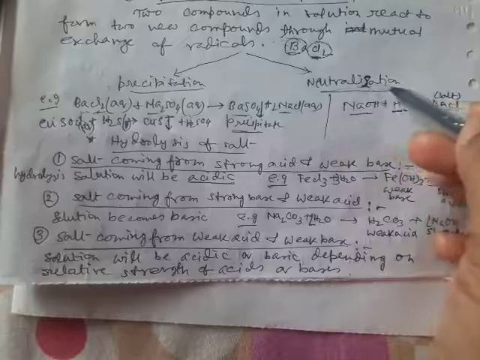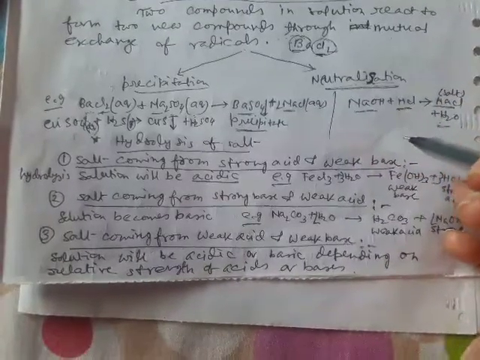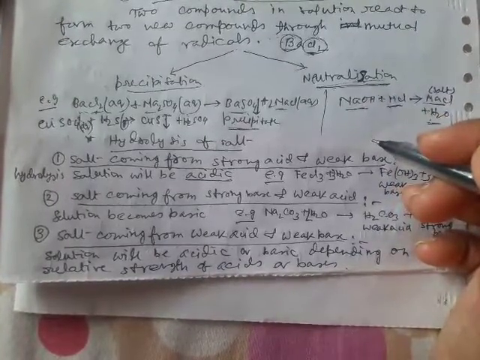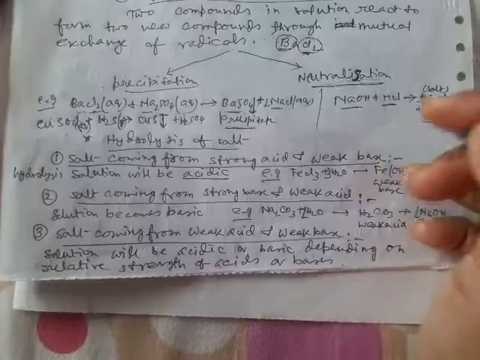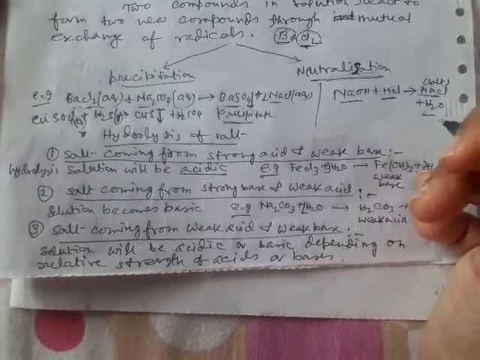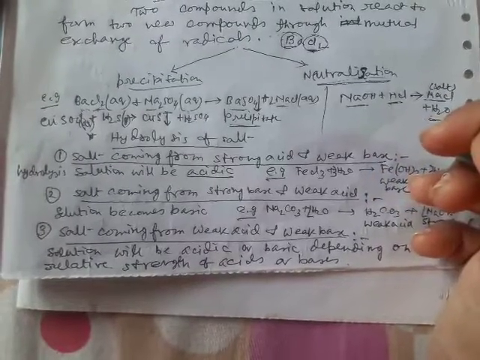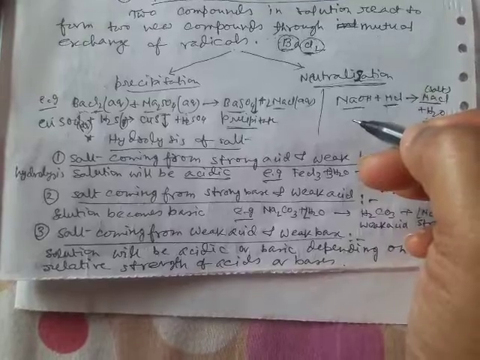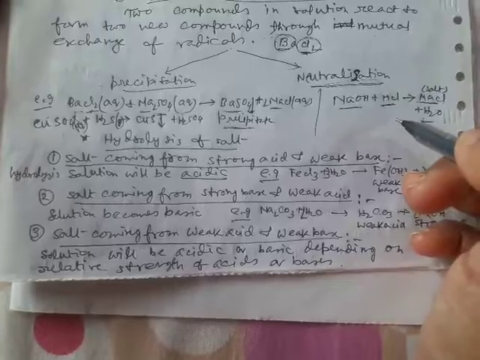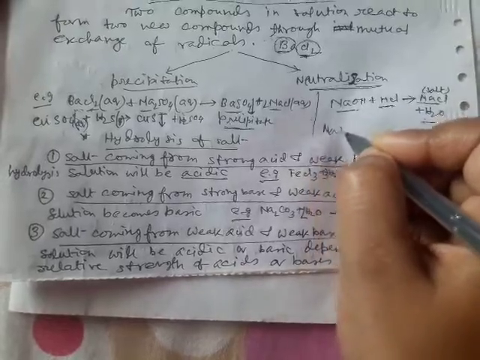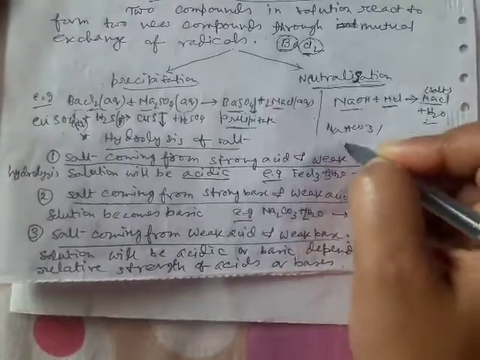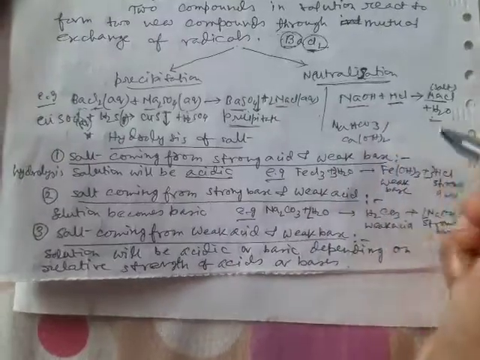Now these neutralization reactions are very important in our practical life. When anybody is stung by a bee, formic acid enters into our body, and so the affected area will be painful. So the affected area is to be rubbed with sodium bicarbonate, that is baking soda, or calcium hydroxide, that is called slaked lime.